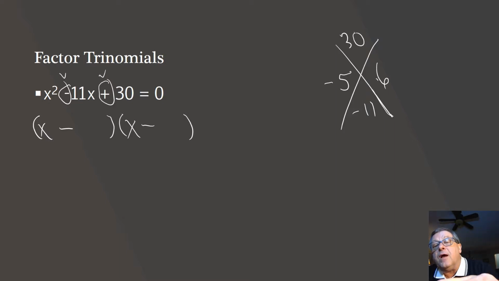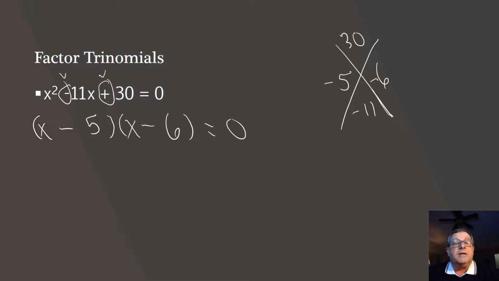So negative 5 and negative 6. Well, negative 5 times negative 6 gives me 30. And negative 5 plus negative 6 gives me negative 11. So I can just put a 5 and a 6 inside my parentheses here. And we're off and running.